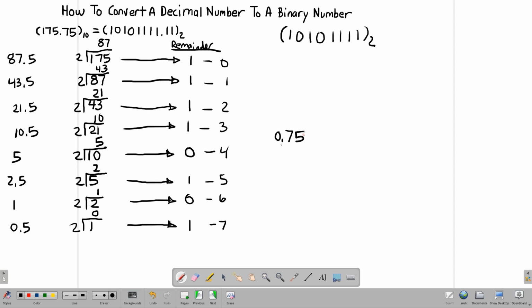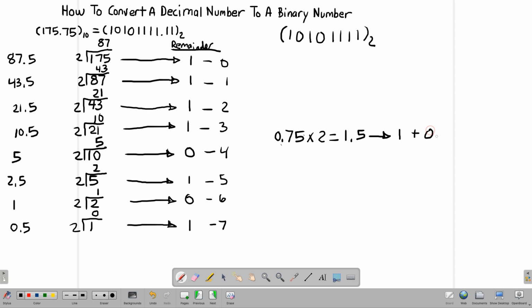So we start off with 175.75, and we just take off the decimal portion. We have 0.75 times 2. And what that comes out to be is 1.5.